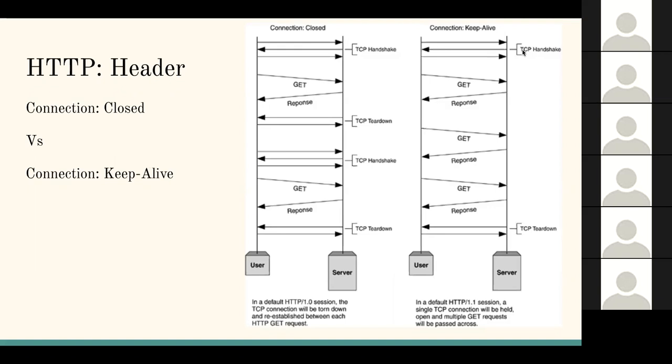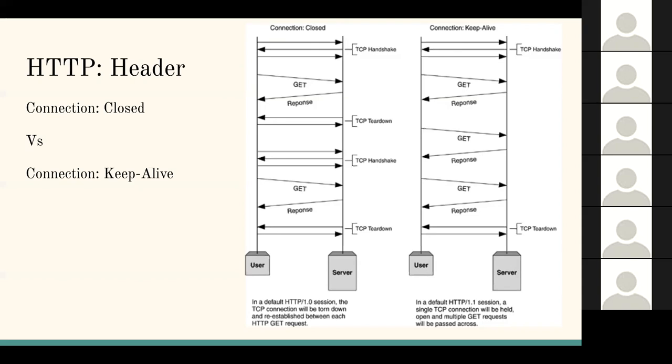So when you use keep-alive, you can't keep the connection alive forever, because the server can only keep so many connections open within its capacity. Because of that, after some time, when things get inactive, the server automatically closes the connection. So keep-alive also has a timeout.